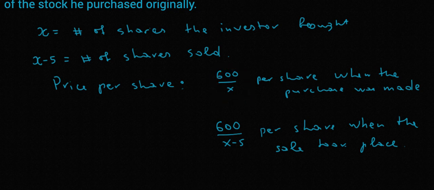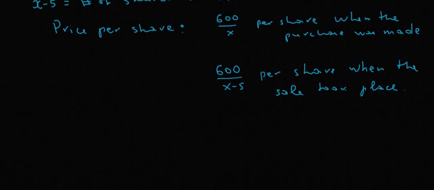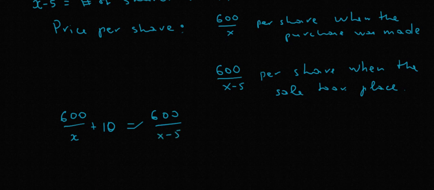And therefore, our equation is going to look like this: 600 divided by X plus 10 equals 600 divided by X minus 5. And now all we need to do is solve this equation for x.